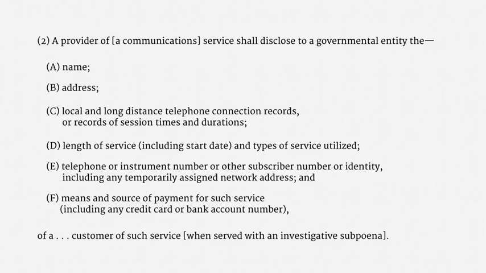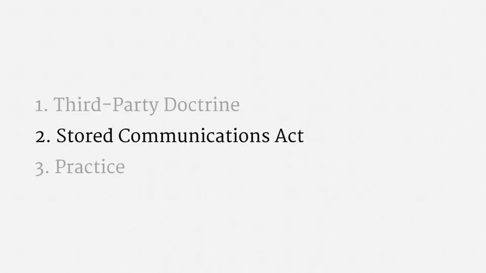Part of the same statute also deals with notice. It says, simply, that notice isn't required. So, there's what the SCA has to say about provider subpoenas. Now let me touch on how these work in practice.